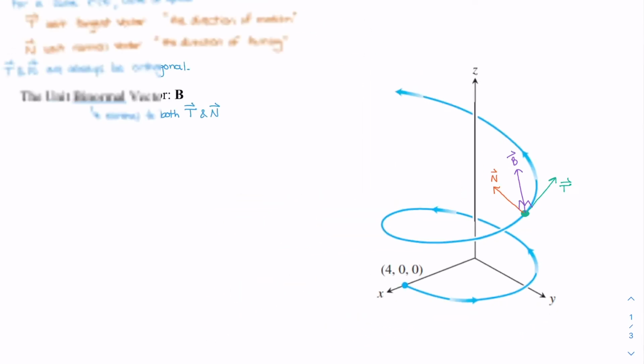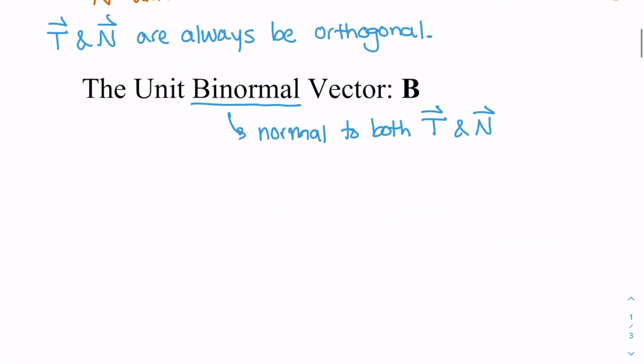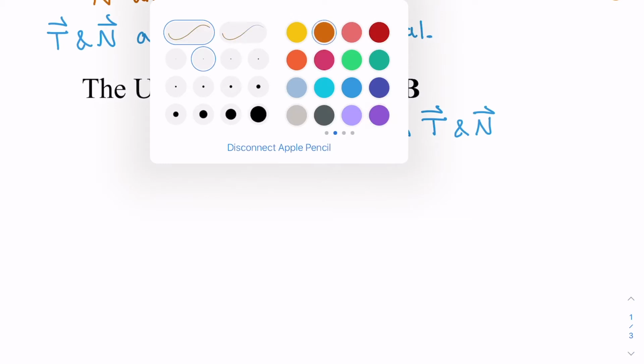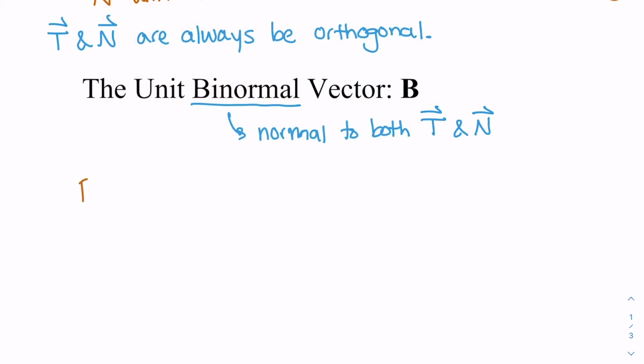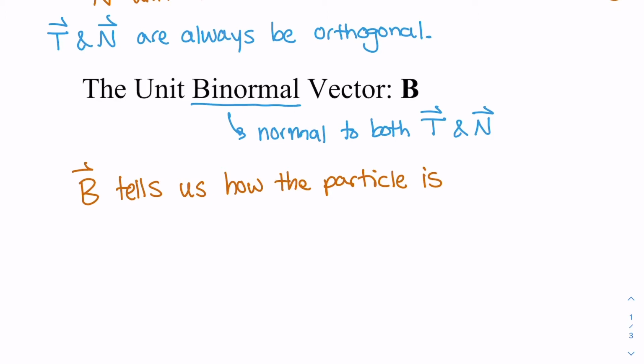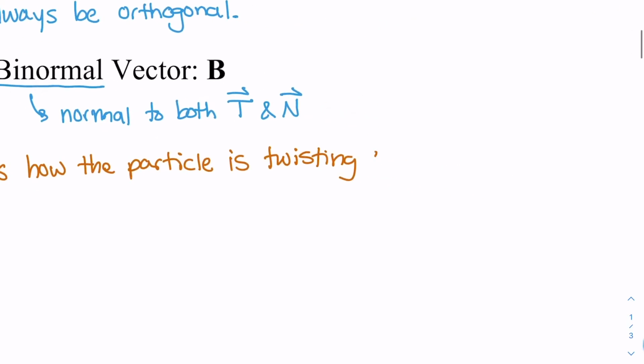And so the unit binormal vector that we call capital B kind of tells us how the particle is twisting about its axis.